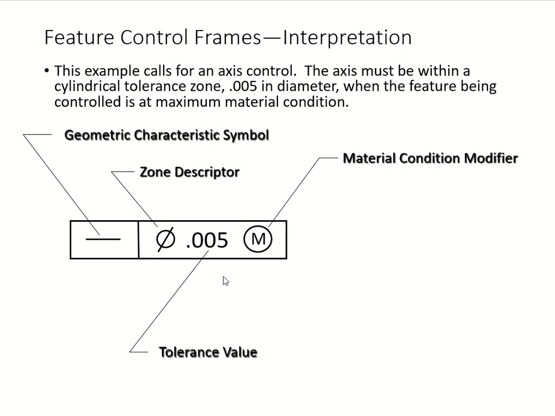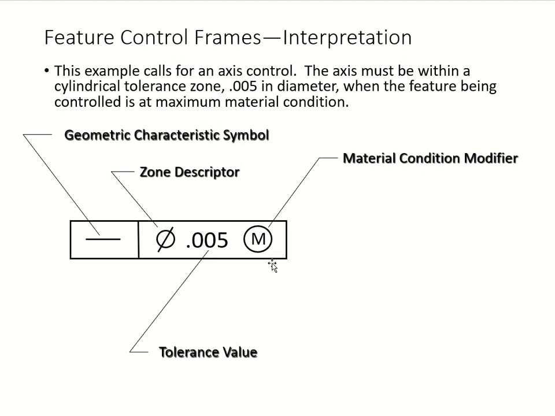When that feature is being controlled, we have your maximum material condition, but this example is not very good because you don't have any kind of condition given to you. You only have a material condition modifier. So it could be MMC or LMC or RFS. But in this example, of course, the author wrote it as maximum material condition. Nobody is perfect, so you'll see little things like that.